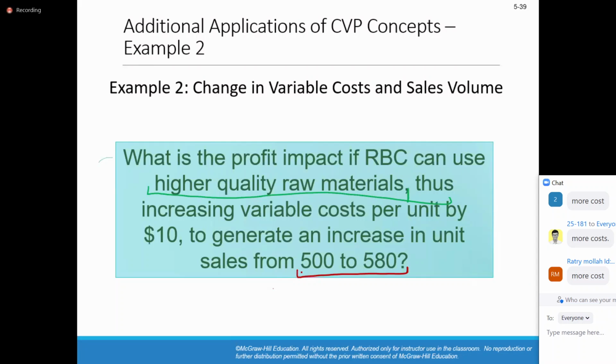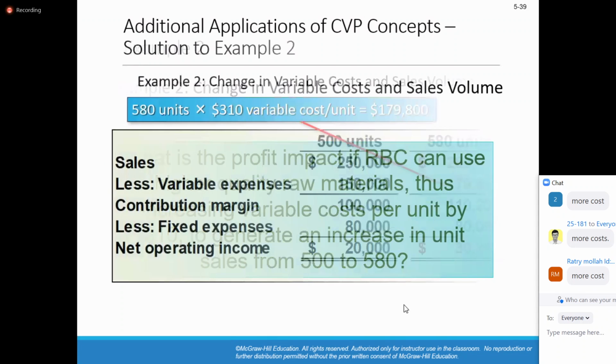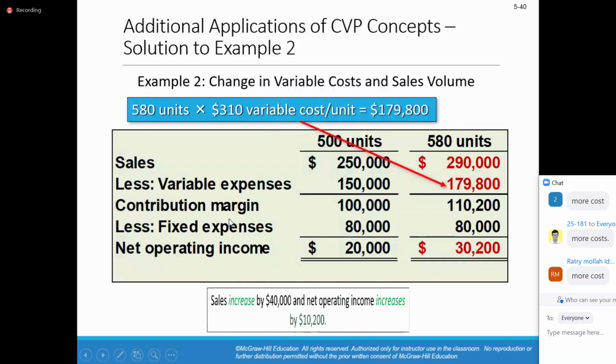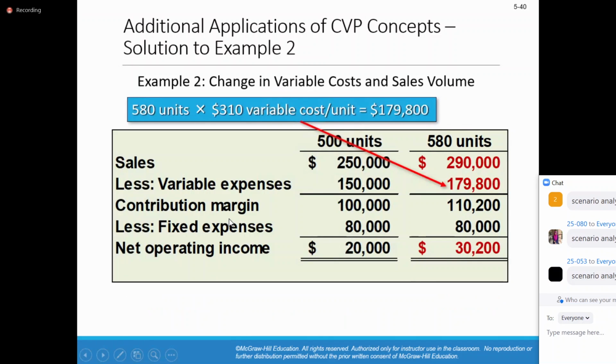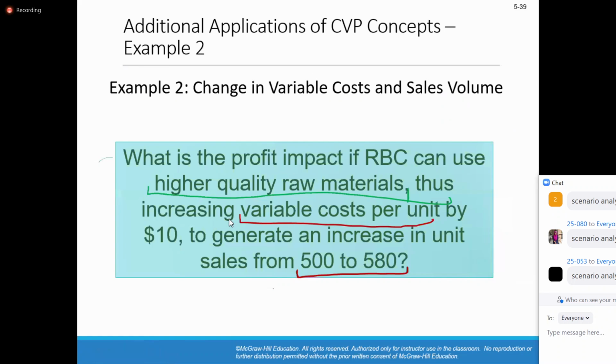Now, how many variables are changing in this scenario? One is variable cost per unit, and another is sales unit going up, right? So it's another sensitivity analysis or scenario analysis. Yeah, good.